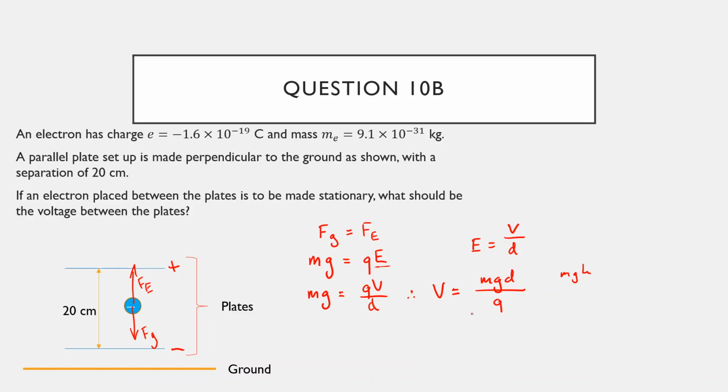So now we've got this expression for voltage, put everything in, you get 9.1 times 10 to the negative 31 times 9.8 times 20 centimeters or 0.2 meters over the charge, 1.6 times 10 to the negative 19. You end up getting something ridiculously small, 1.1 times 10 to the negative 11 volts. And there you go.